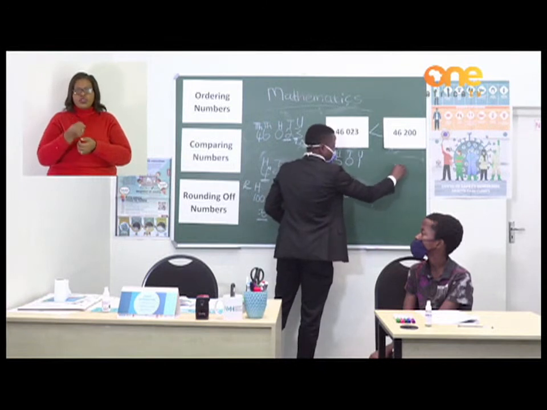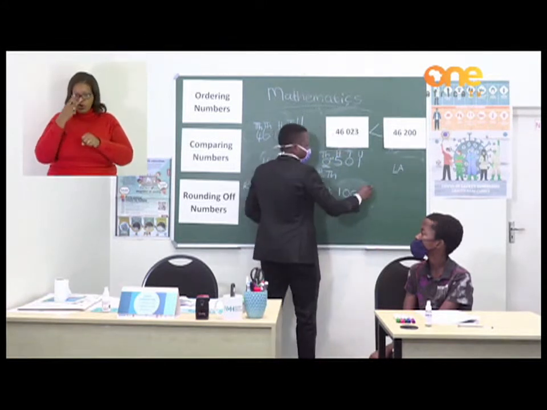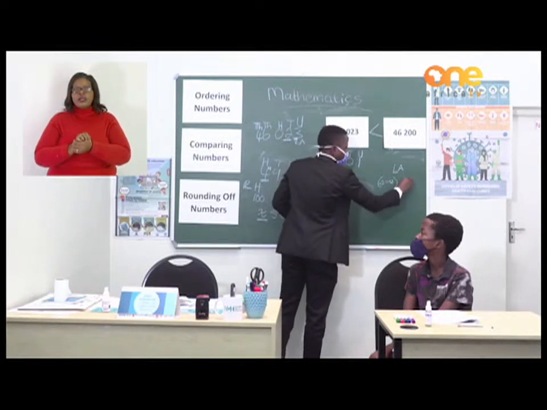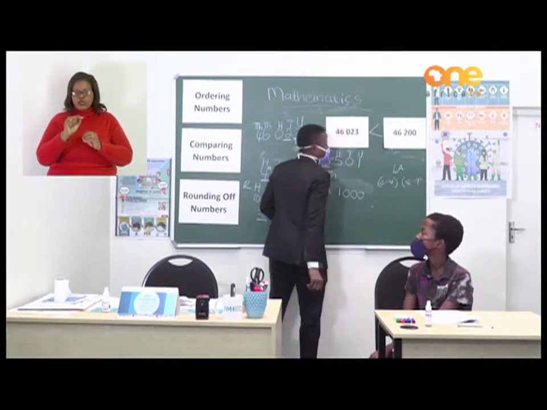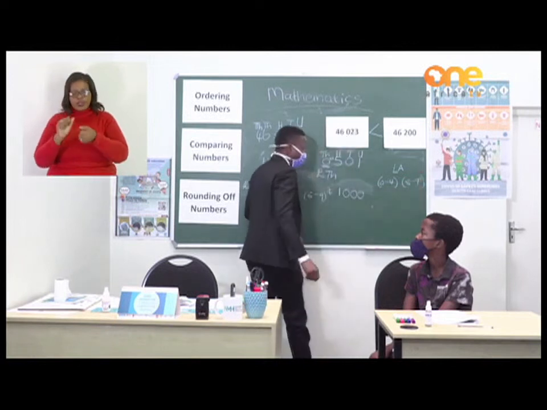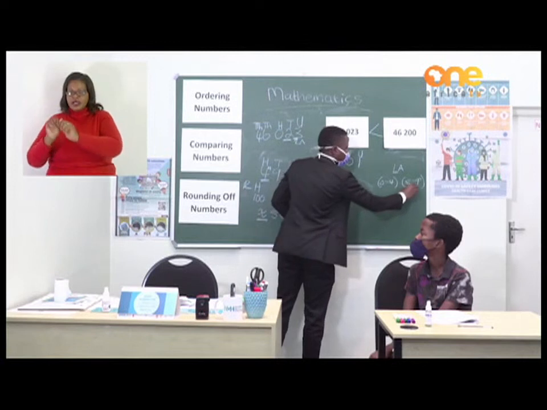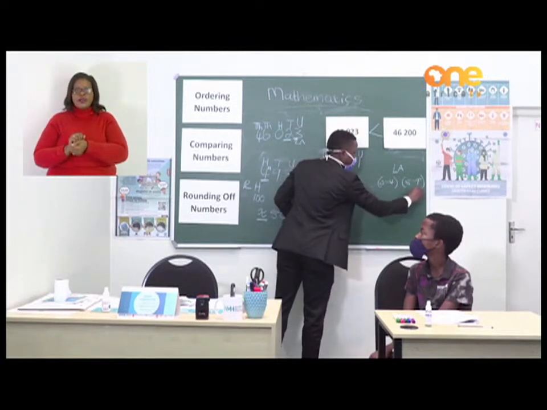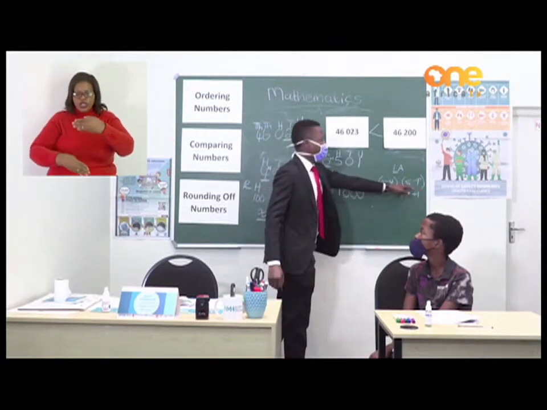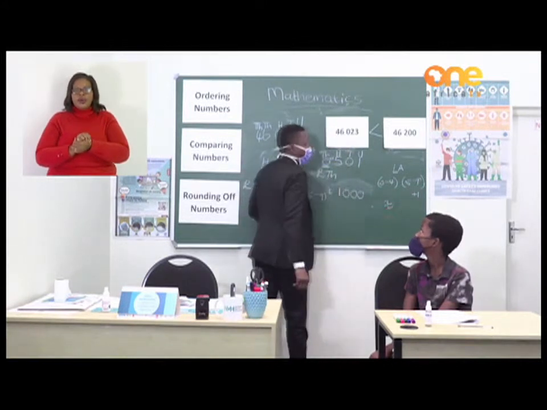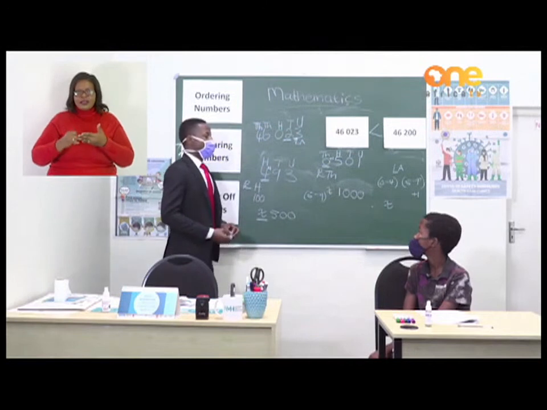So in short, when it comes to rounding off, there is a number you need to look at. There are two categories, between 0 and 4, and between 5 and 9. And there is also a change by adding 1 if it falls in this category. And our final answer should be approximation.